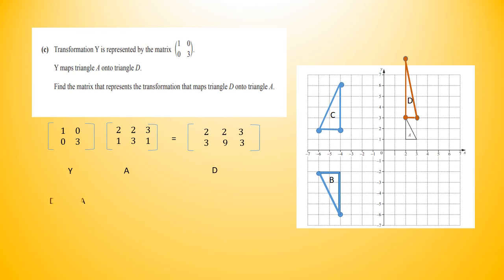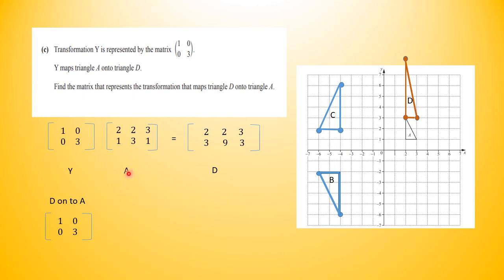Thereafter, they also ask if triangle D is mapped onto triangle A, what is the mapping matrix? What is the transformation matrix? In this case, when you map triangle A onto D, you use the matrix 1, 0, 0, 3.